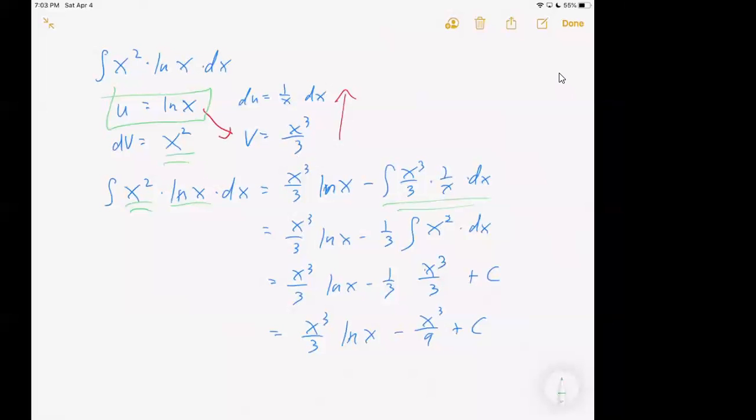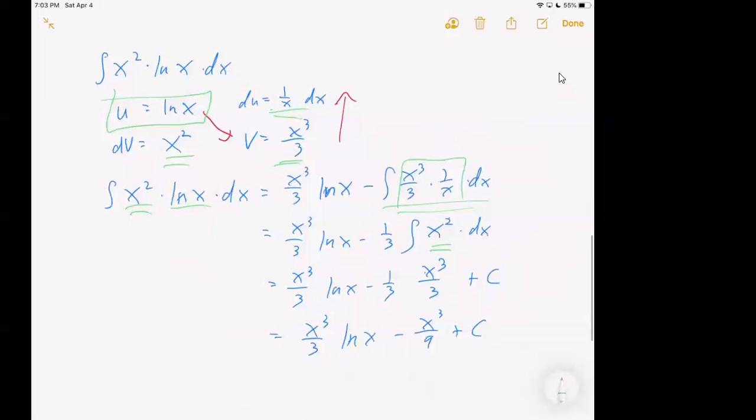So x squared got worse, but ln of x, when we took its derivative, became much better. So the combination ended up giving us something here that could become straight up power function, which is on the memory list. One final problem.